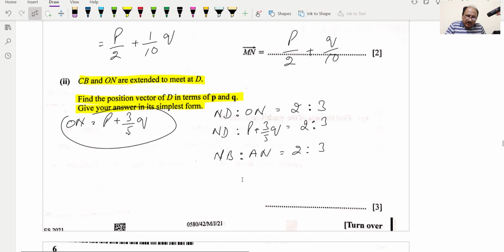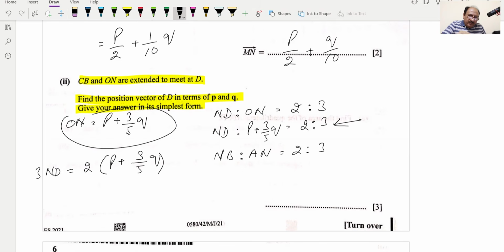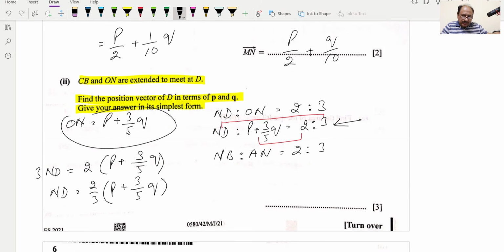From this equation, outer multiplication equals inner multiplication, so 3 into ND will be equal to 2 into (P plus 3 by 5 Q). Basically we have multiplied the inner terms, equal to the multiplication of the two outer terms. So ND will be equal to 2/3 of (P plus 3 by 5 Q), and this is the answer.